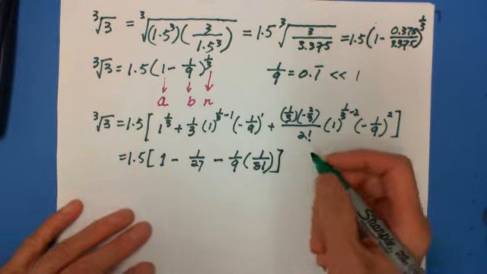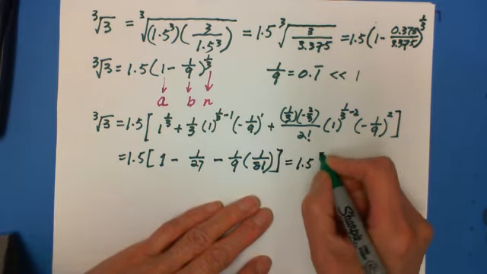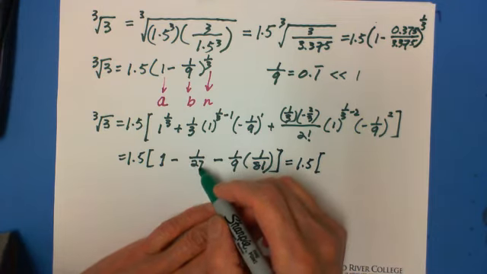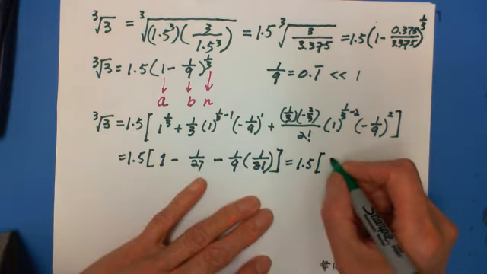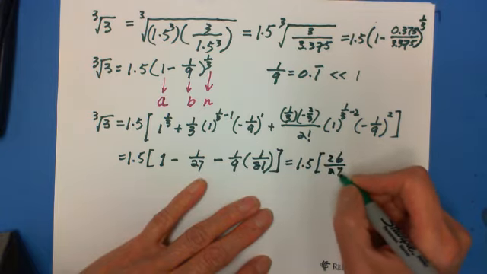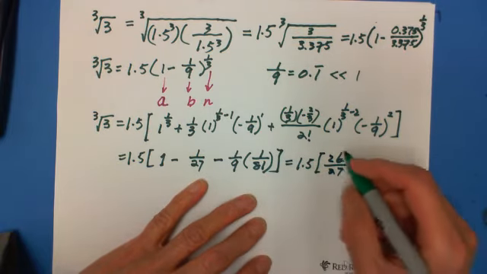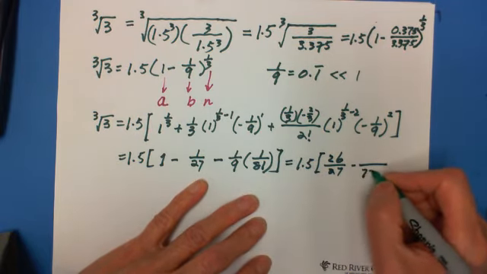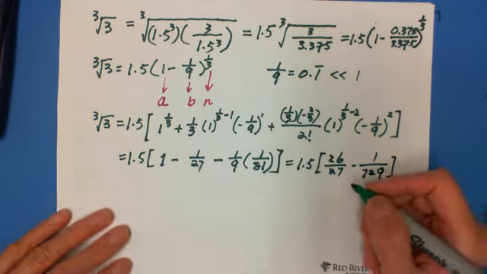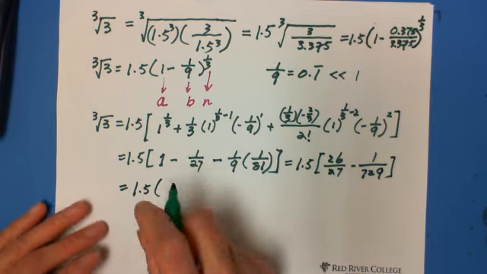And we got this equals 1.5 times 1 minus 1/27, which is 26/27, minus 1/729, since 8 times 9 is 72.